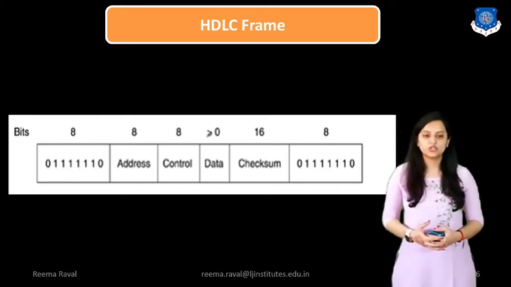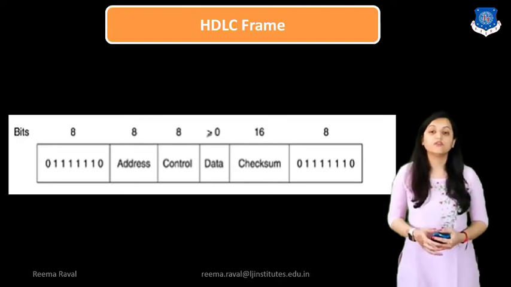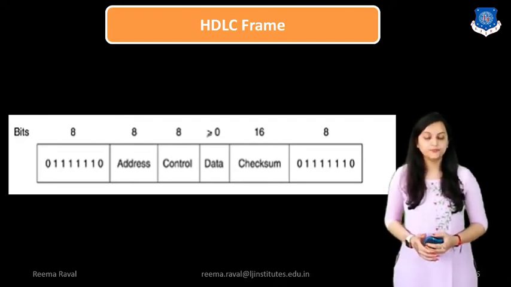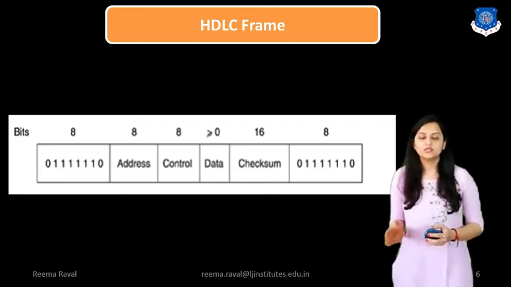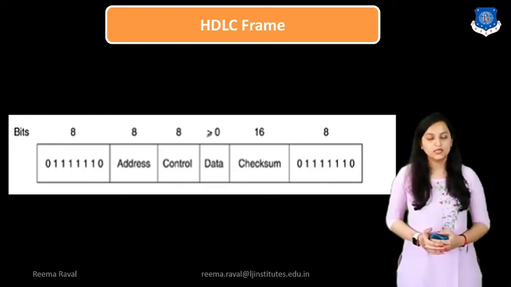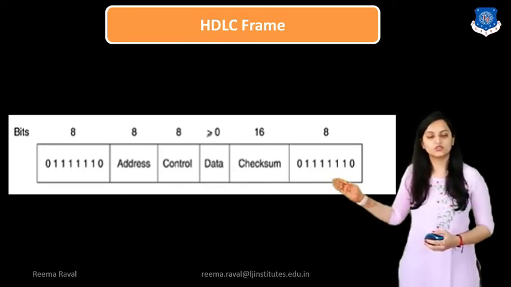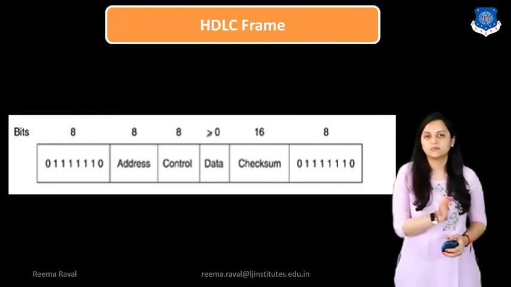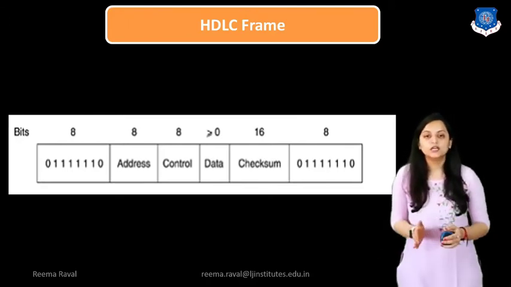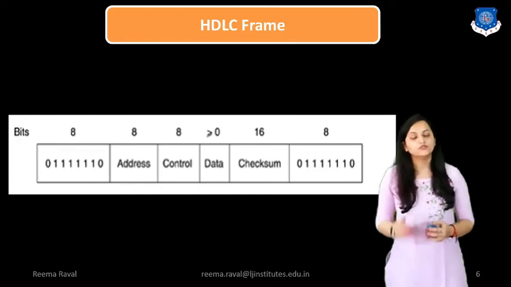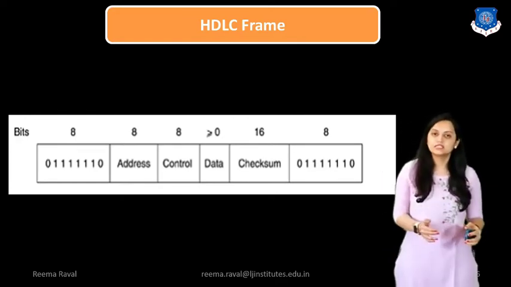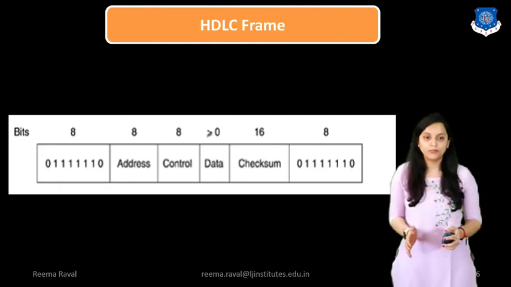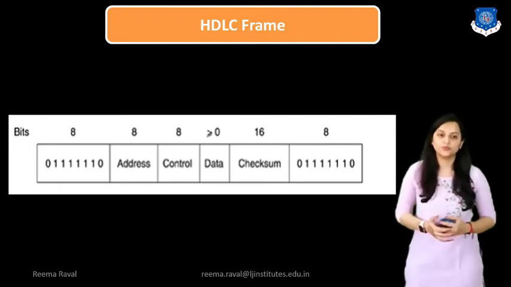In this frame structure, the first field is of 8 bits, as indicated over here, which is 0, 6 times 1, 0. In the same way, the last field is also a flag, of the same pattern, 0, 6 times 1, 0. That means in the HDLC frame structure, the first and last fields are the same flag pattern.